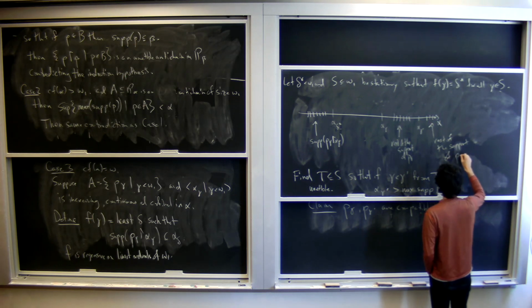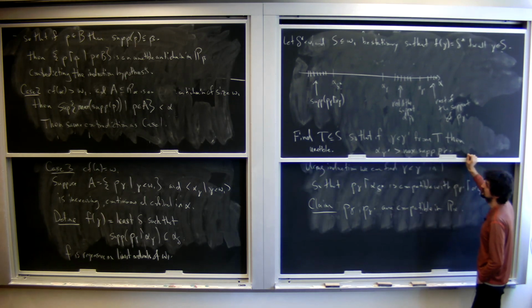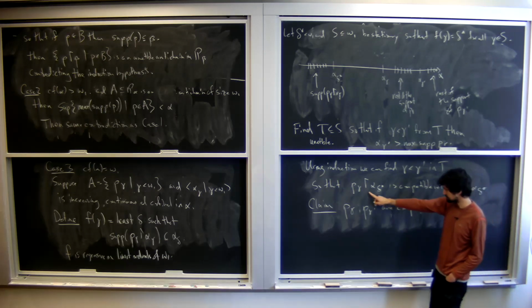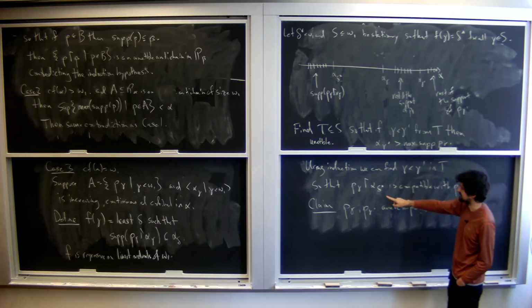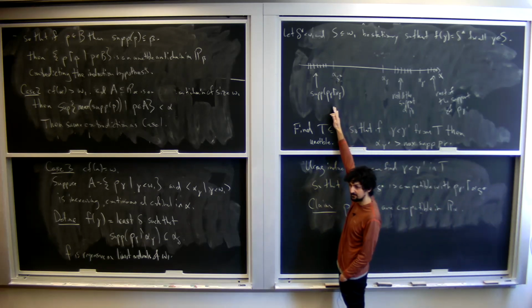The fact that the restrictions to this alpha delta star are compatible means I can take some condition that's below both of them up to here.